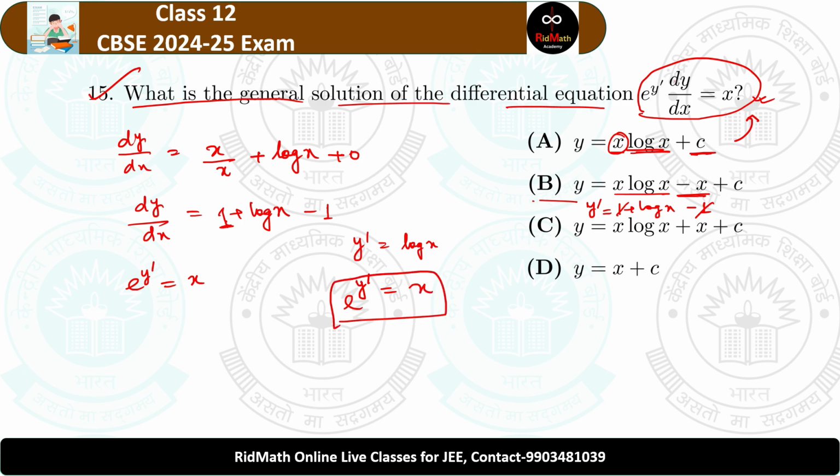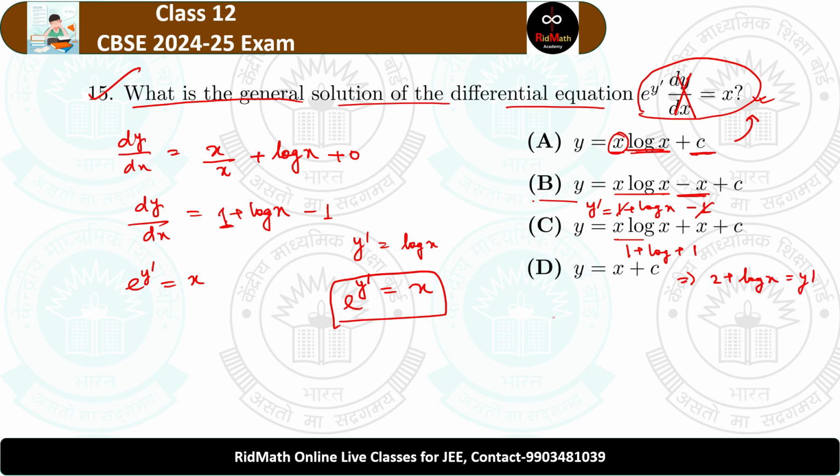I think this is a mistake in the question. This should be e to the power y dash equal to x, and for this equation this is 1 plus log x plus 1, so that means this is 2 plus log x equal to y dash.